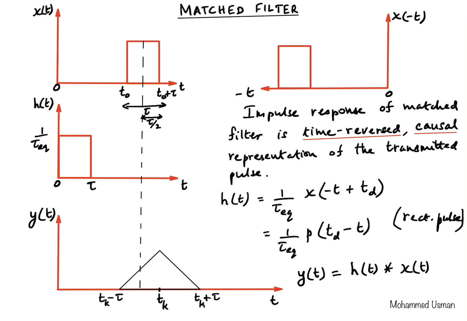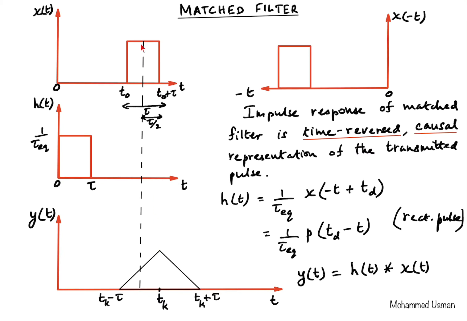So we need to take care of intersymbol interference, because if the pulses are not spaced properly apart, then for two adjacent pulses, the outputs can overlap, resulting in intersymbol interference. So that's one observation that we need to bear in mind. The next observation is that the peak of the output, that is the middle value, occurs after a certain delay from the peak value of the input.